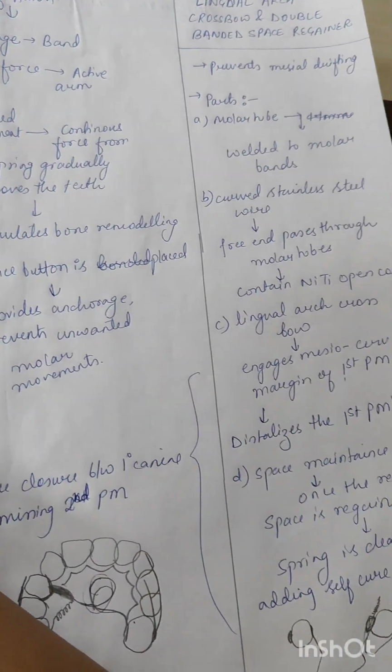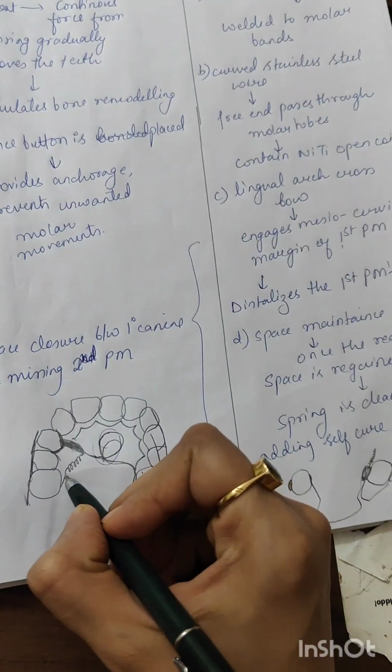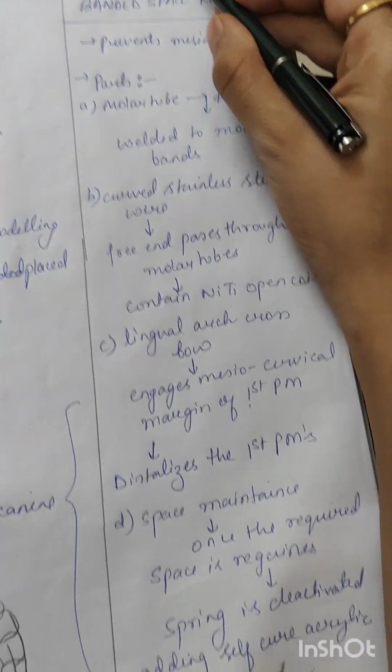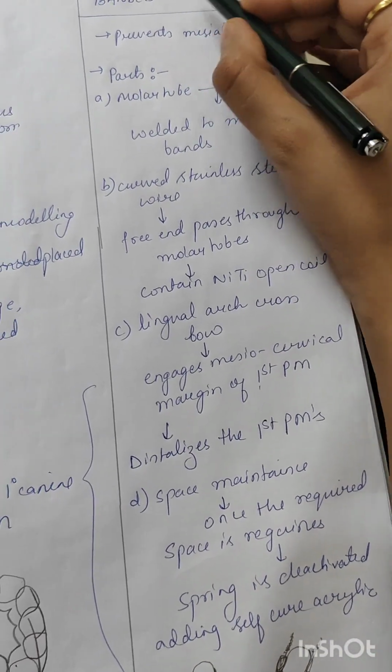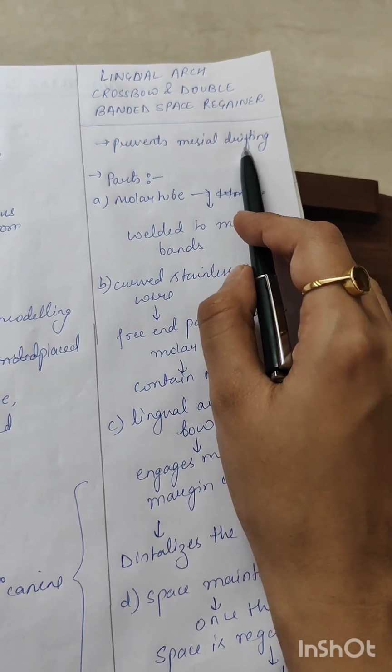Now next is the lingual arch crossbow and double banded space regainer. The first recent advancement was the unilateral spring space regainer; the other one is the lingual arch crossbow and double banded space regainer. It prevents mesial drifting.